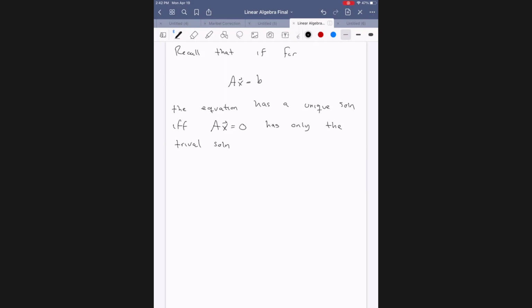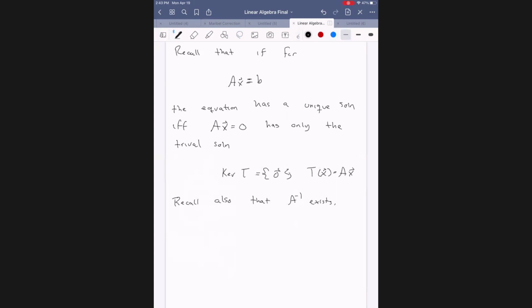Well, that means that the kernel of T is equal to 0, where T of x is equal to AX, right? But remember all the little results that we had. If this has a unique solution, it also means that A inverse exists, if AX equals 0 has only the trivial solution.